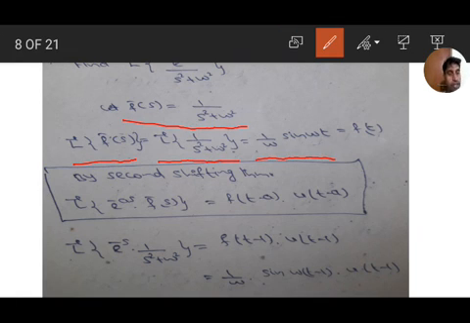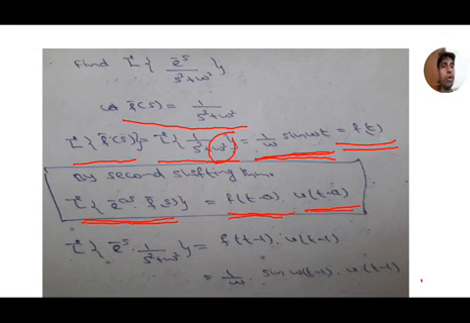L inverse of 1 by s square plus a square is 1 by a into sin at. Here instead of a we have omega, therefore 1 by omega into sin omega t, take that as f of t. By second shifting theorem, L inverse of e to the power of minus as into f bar s equal to f of t minus a into u of t minus a.